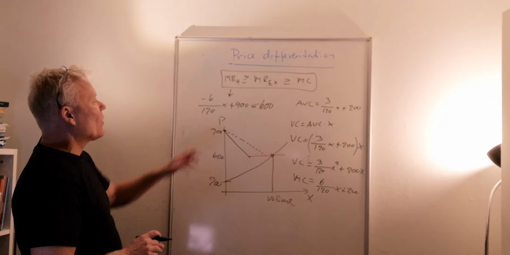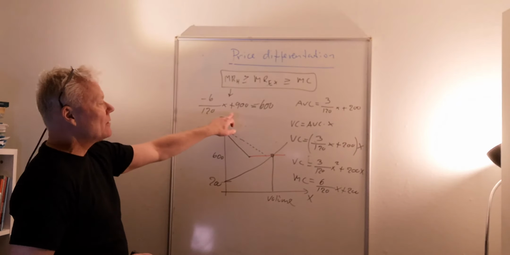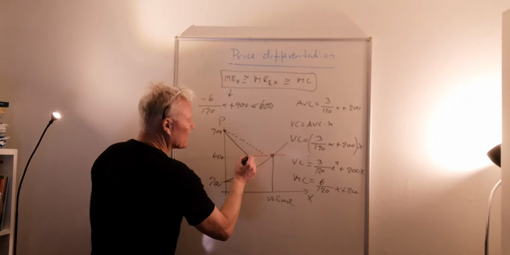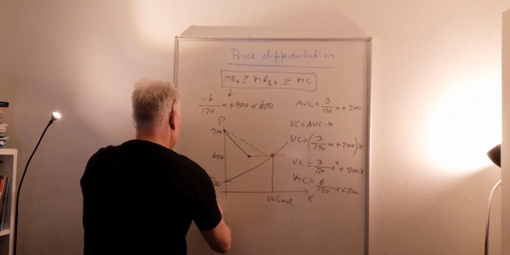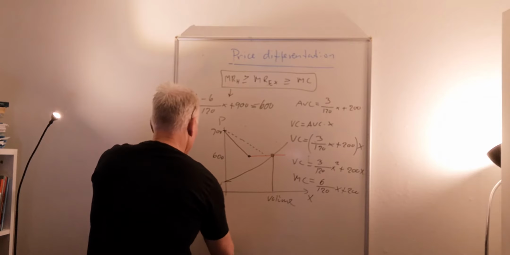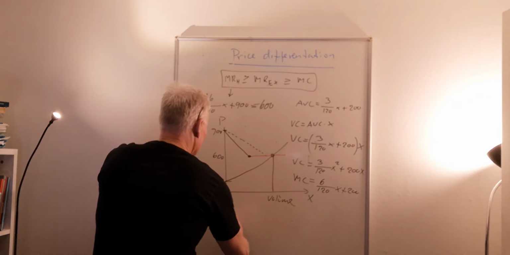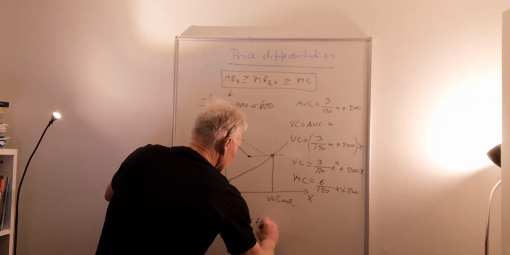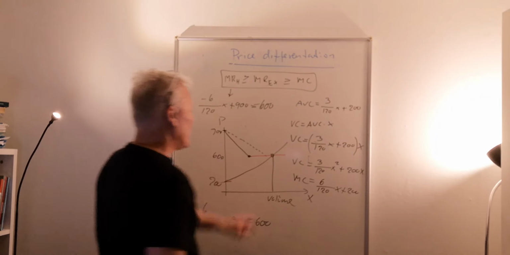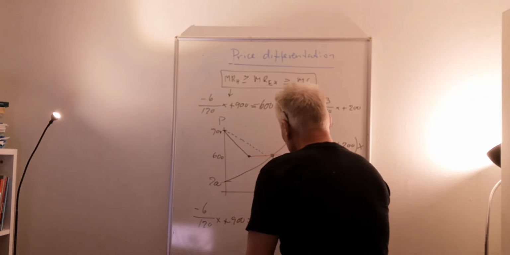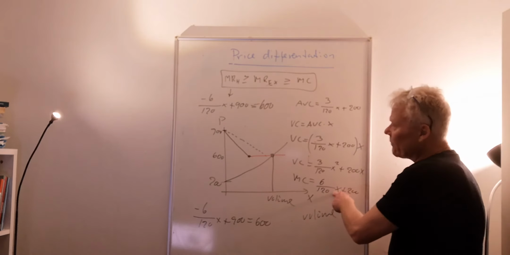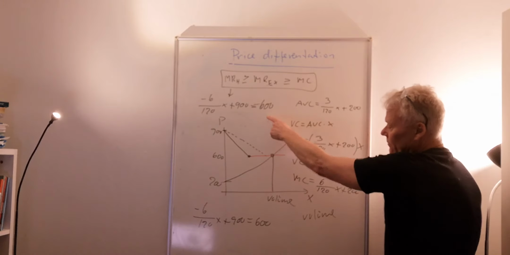To see where it is, we have to solve that one first. To find this intersection, we have to say minus 6 over 120x plus 900 has to be equal to 600. And to find the volume, we take the marginal cost and the 600.